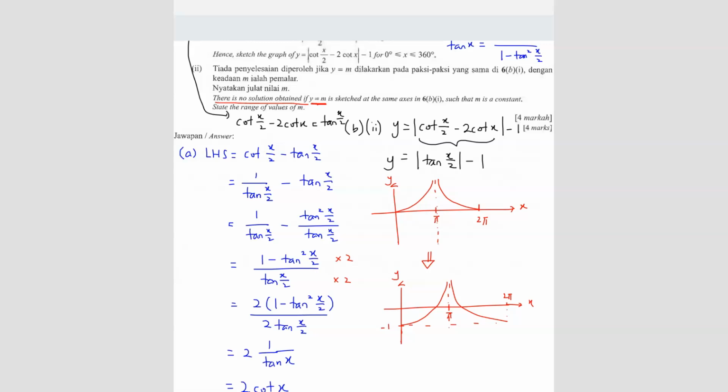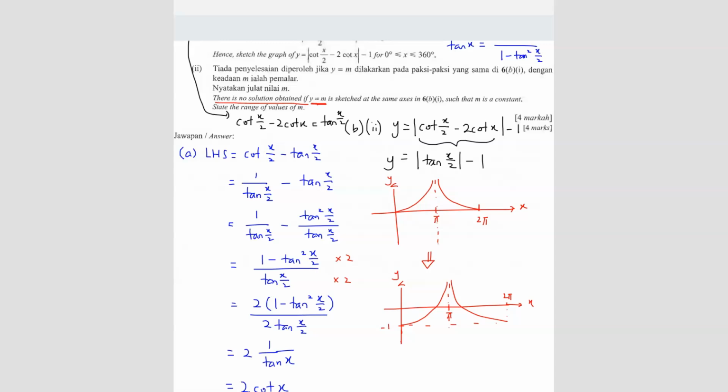So what does that mean? It means the line is going to be below this, right? Because if I put the line here, it will still touch the graph, which is what? That means there is intersection. We don't want that. We want no solution, no intersection. So that means it's going to be below here.